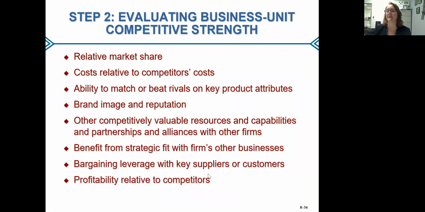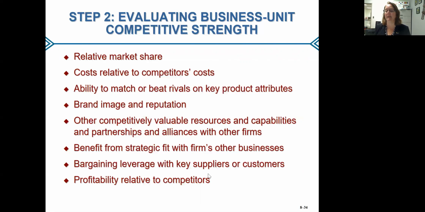It's very, very effective. So step 2, evaluating the business unit competitive strength. What is their relative market share? What is the cost relative to their competitors' cost? What is the ability to match or beat rivals? The brand image or reputation?